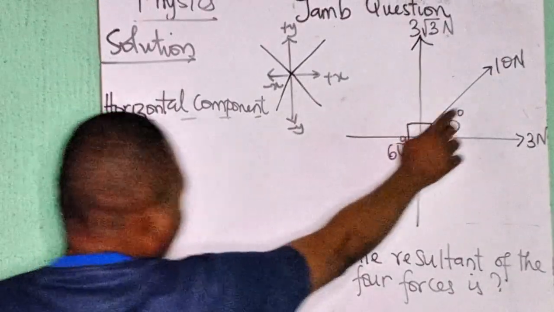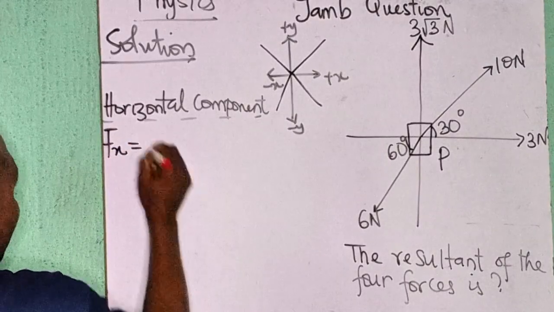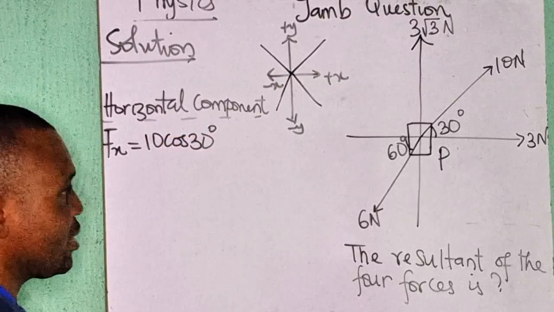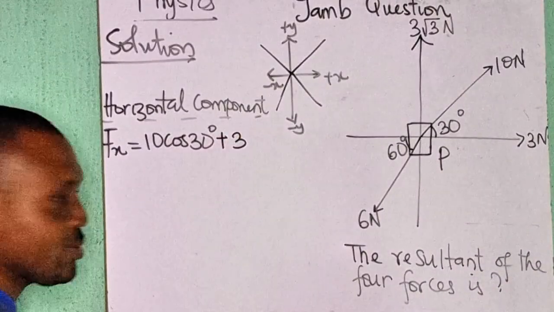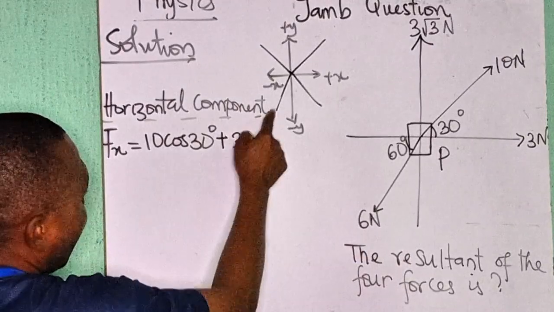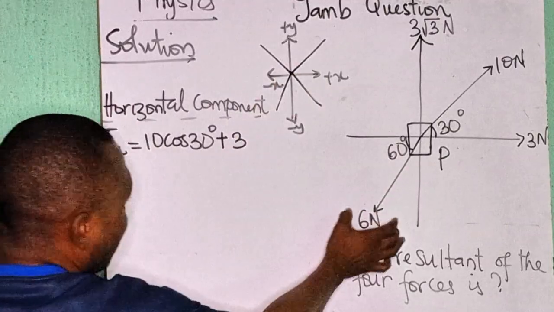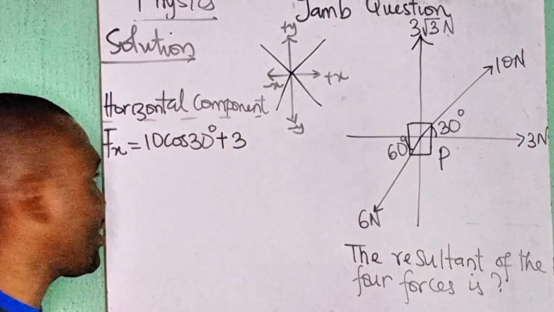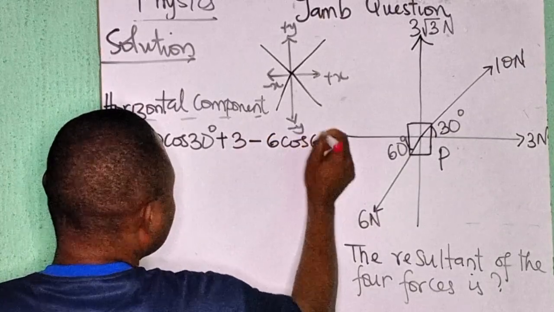So Fx, the horizontal component, will be 10 cos 30 degrees. The 3 Newton is also horizontal, so plus 3. The 6 Newton is along the left direction, so I'll be resolving it along the negative x-axis: minus 6 cos 60 degrees.